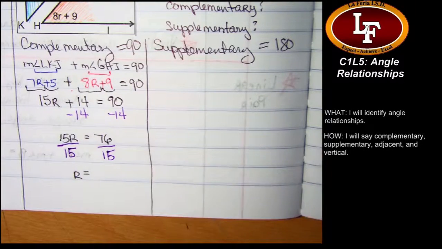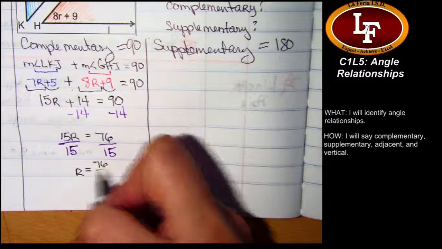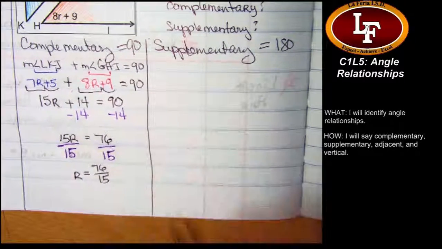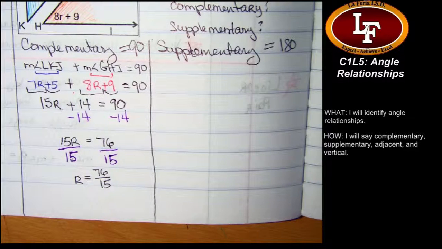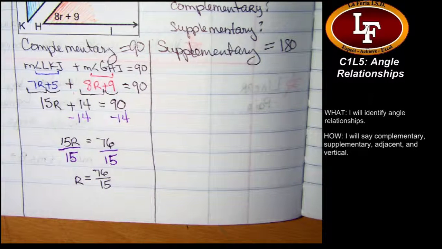R equals, please don't give me a decimal. Just leave it as a fraction right now. If you can reduce it, if the fraction ends up being something like 2 over 4 and you can reduce that to 1/2, do it, but don't give me 1.5 yet. You just divide by 3 and then give the term. I don't know if 76 is divisible by 3.